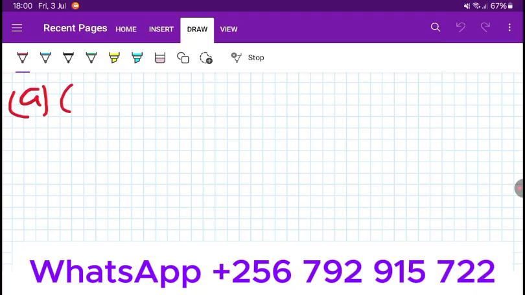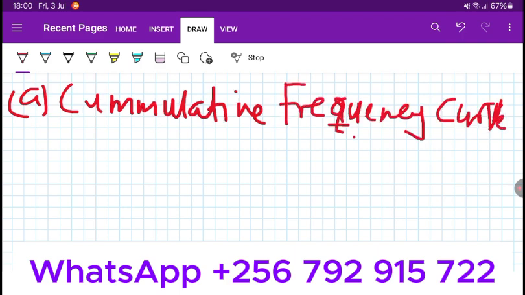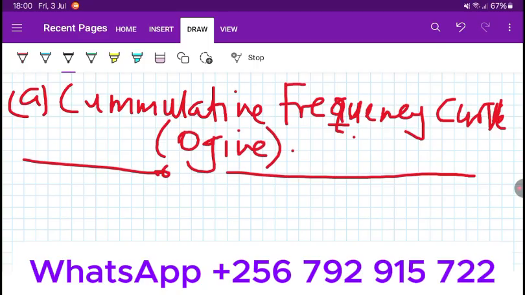So the first one is going to be the cumulative frequency curve, or what we call the Ogive. Of course, an Ogive is drawn with the cumulative frequency plotted against the upper class boundary of the relevant interval or relevant class.